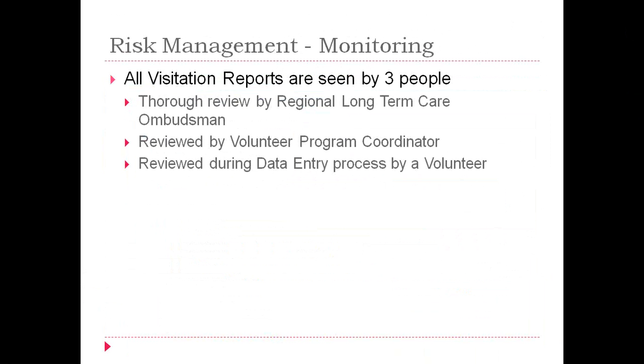What we found was that these visitation reports were being seen by 3 people. And in being seen by 3 people, we were able to pool those resources instead of 3 people looking at them and then going on their merry way. We started a communication process so that the regional is able to look at it and then provide the direct supervision to that volunteer based on what they see coming in.